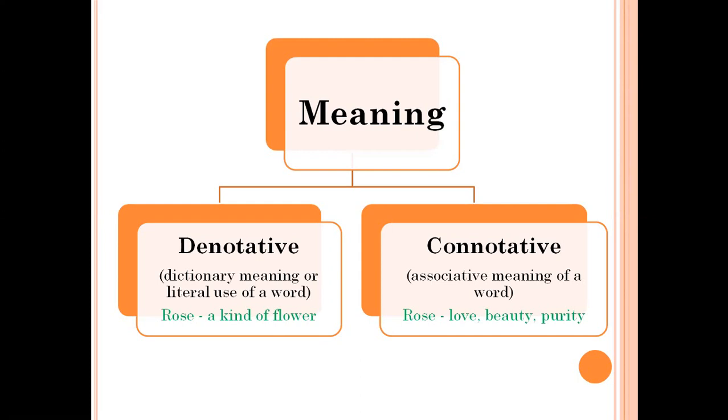For example, in literature, rose often has the symbolic meaning or associative meaning of love, beauty, as well as purity. So this meaning of love is not found in a dictionary.